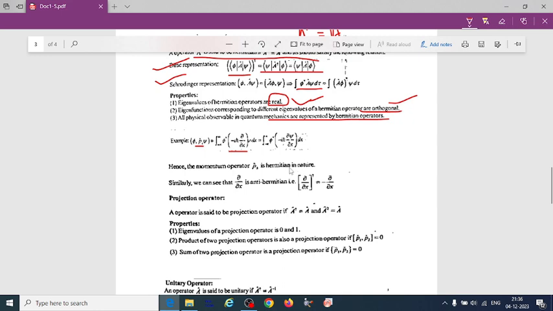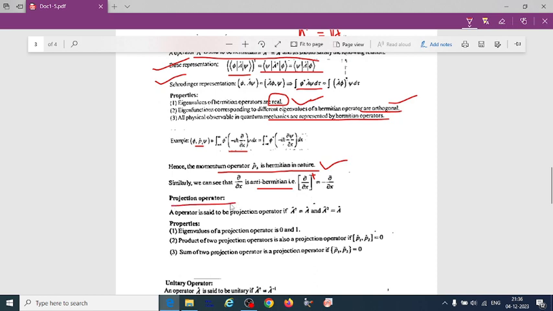So from this condition we can say that momentum operator Px is Hermitian in nature. Similarly, we can say that dou by dou x is anti-Hermitian. Okay, anti-Hermitian means negative of that, minus dou by dou x.